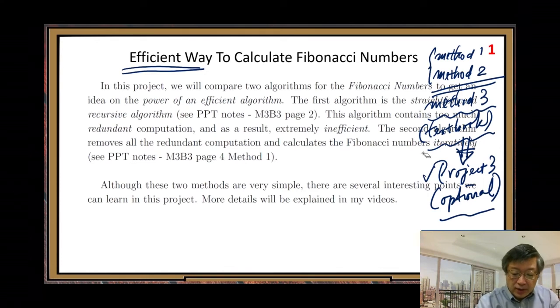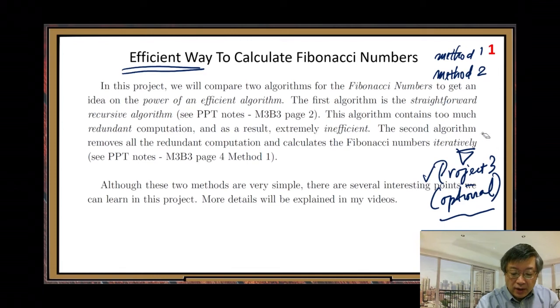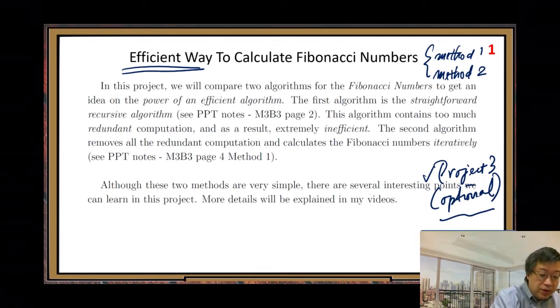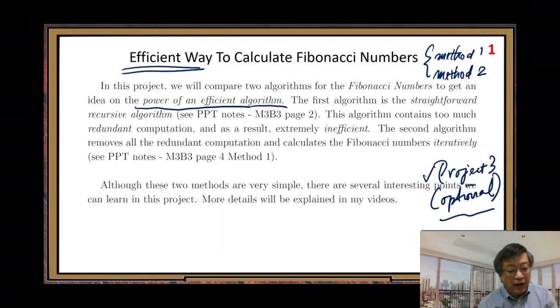All right, so let me just see it clearly. The main goal, we want to see the power of efficient algorithm. This point, actually, we have seen in our project 1, right? Horner's rule.